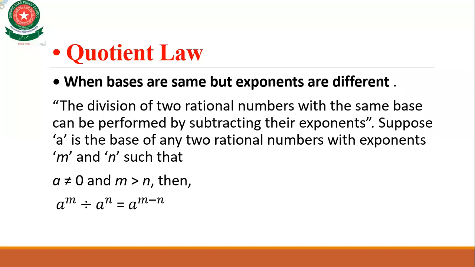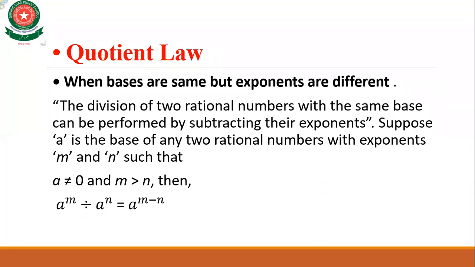So the division of two rational numbers with the same base can be performed by subtracting their exponents.